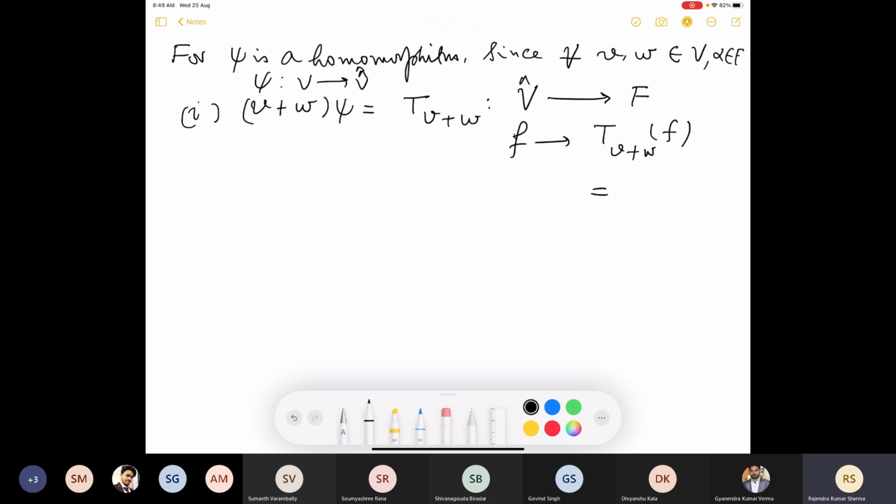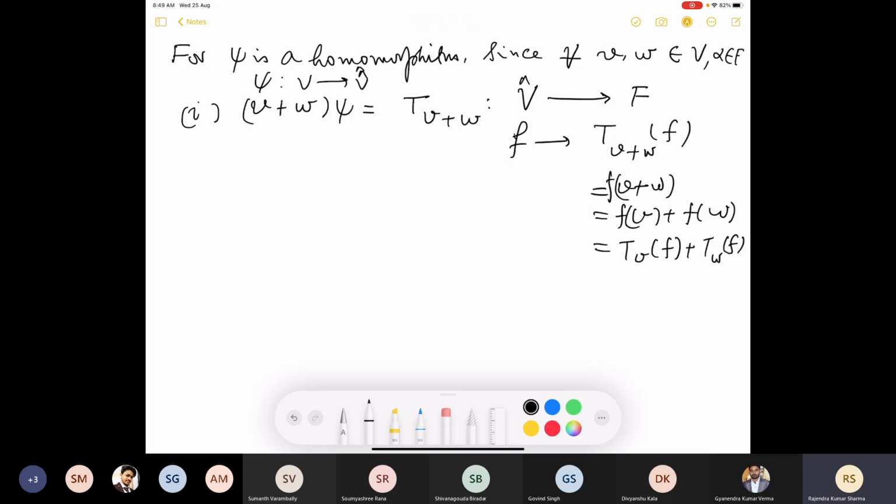And what is this? It is f of (v+w), and this is f(v) plus f(w). f(v) is T_v of f, and f(w) is T_w of f.